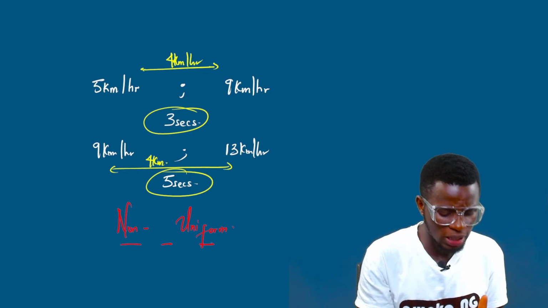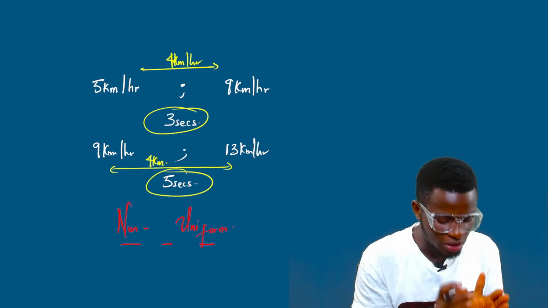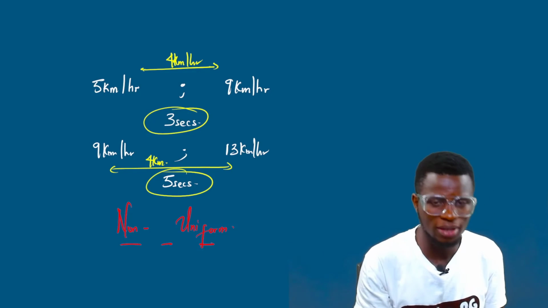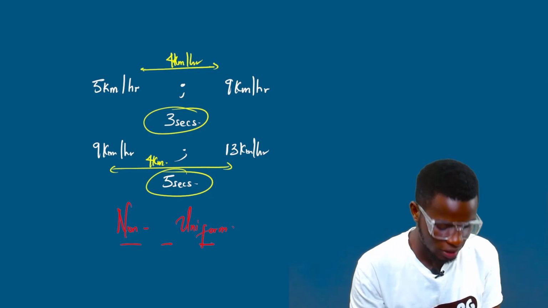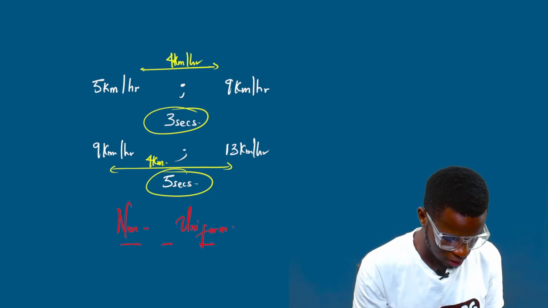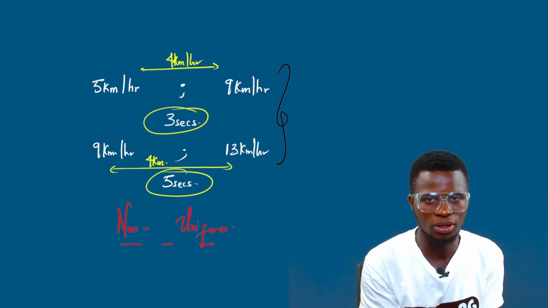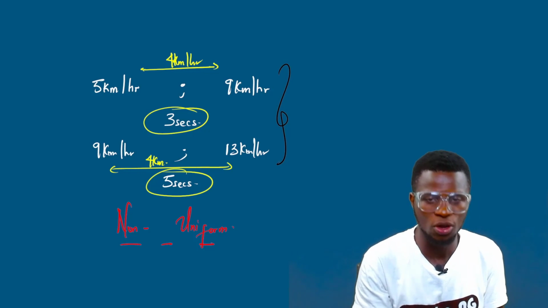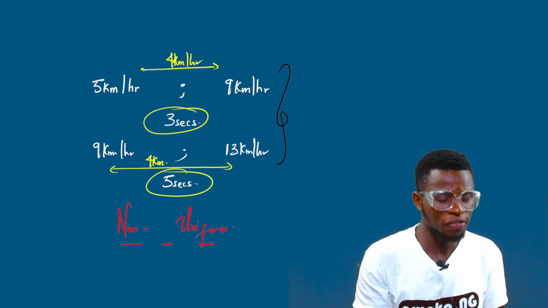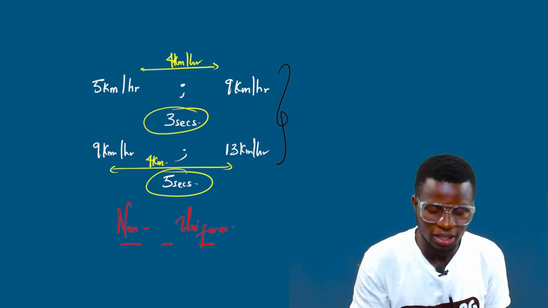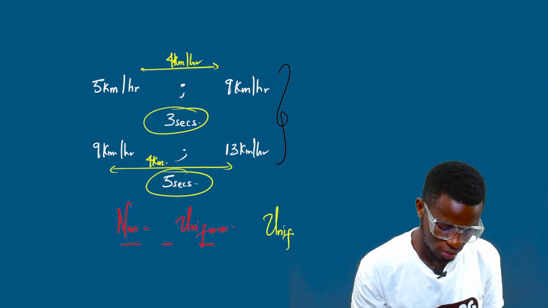When the acceleration of a body is constant, we say that the acceleration is uniform. But in the scenario I gave, the acceleration is not constant, and that is why it is called non-uniform acceleration. On the other hand, if the acceleration is constant, then it is called uniform acceleration.